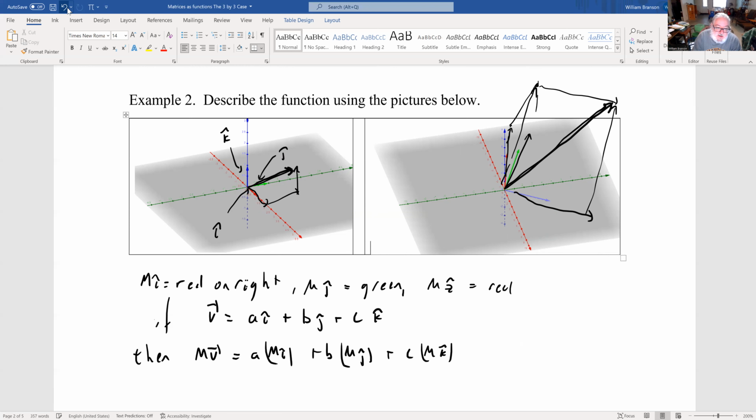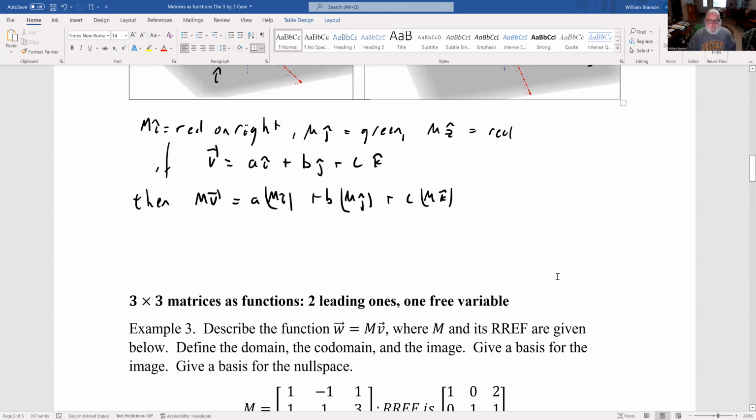The relationship of the vector v in the domain to the three vectors red, green, and blue is the same as the relationship of the vector in the image to the vectors red, green, and blue. So the structure just transfers over pretty much. So that's not too bad.